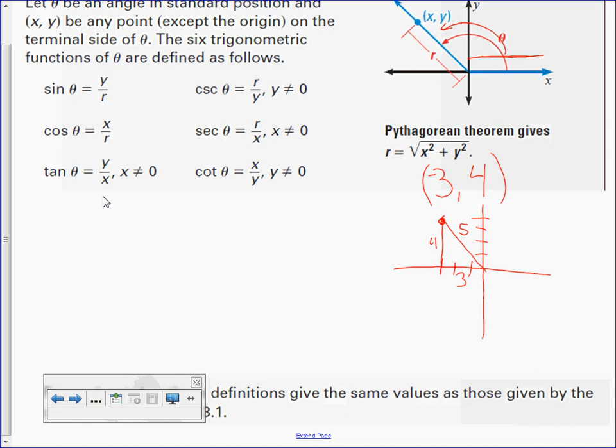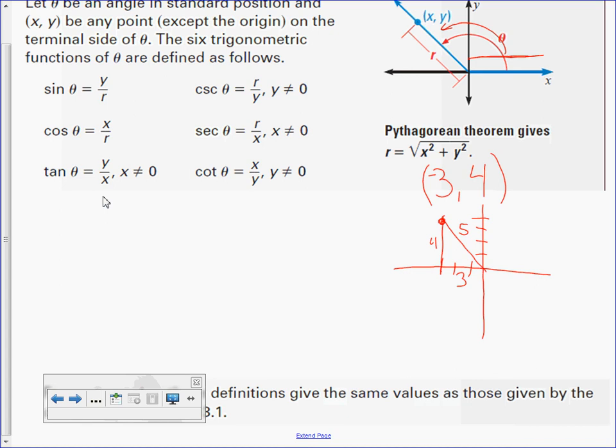Okay? So what we need to know here today is that for any ordered pair x, y, the radius can be found by using Pythagorean theorem, x squared plus y squared, and then take the square root of it. It's just a different way of writing out Pythagorean theorem, already solving for r.